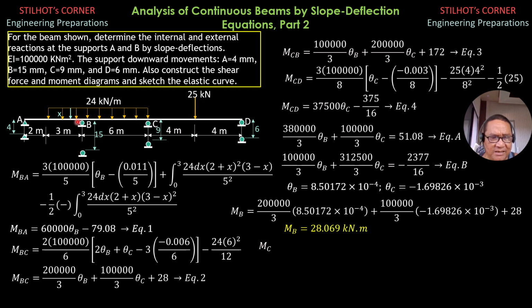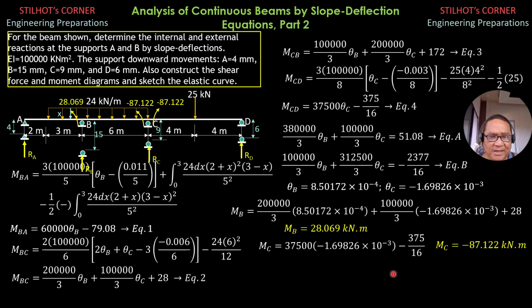Apply it there. And MC is MCD, 37,500 of negative 1.69826 times 10 to the negative 3 minus 375 over 16, and that is negative 87.122 kilonewton meter.